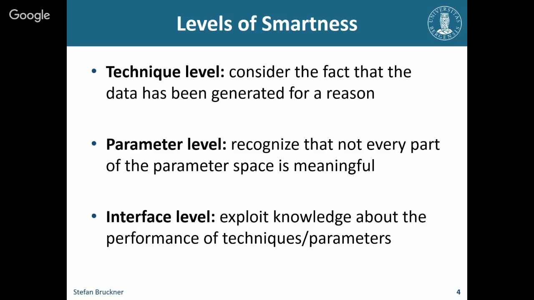In most cases, when we are dealing with data in visualization, the data was generated for some reason. There was a specific purpose for which, for example, a CT or MRI scan was acquired, and we typically have knowledge about this reason, and hence this principal knowledge can already form part of the smartness that we can integrate into our algorithm.